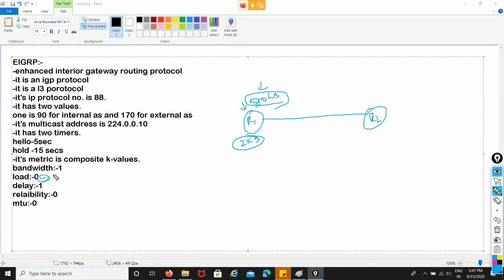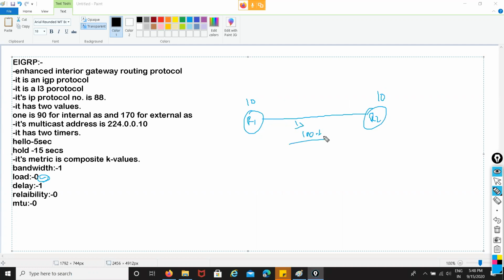Reliability means the trustworthiness of a path. If I try sending 10 packets from R1 to R2, and these 10 packets are successfully received by R2, it simply means that that particular path is 100% reliable.